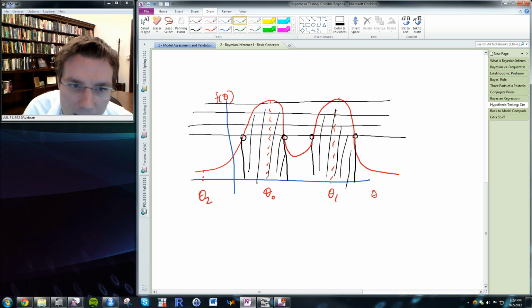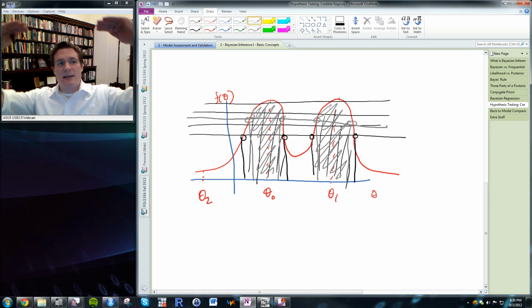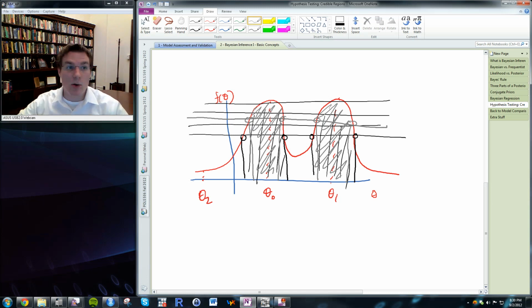But if I went up higher, I'm going to use gray, if I use this line right here, I would identify these points, which are a little bit closer in, and I would take the integral under those areas. So I keep sliding this threshold down until the integral under the area equals my target.